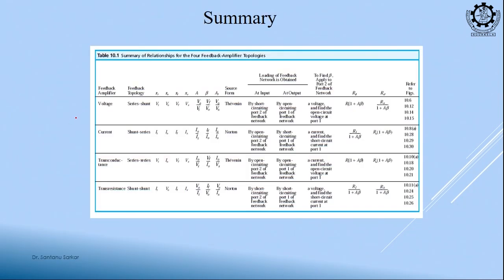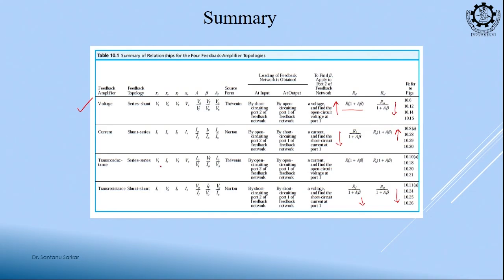So, this is a summary table. This is voltage amplifier, series shunt. My input impedance is increased, output impedance is decreased, and this is trans resistance, shunt. Input impedance is decreased, output impedance is decreased. Current, shunt series, input impedance is decreased, output impedance increased.